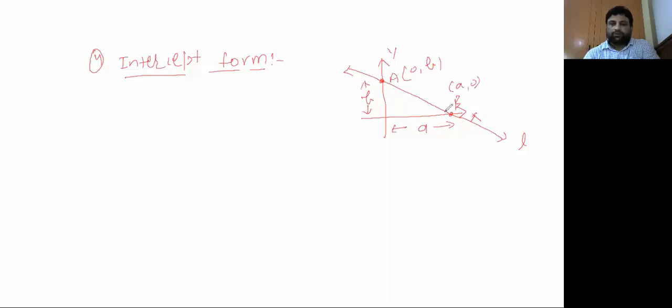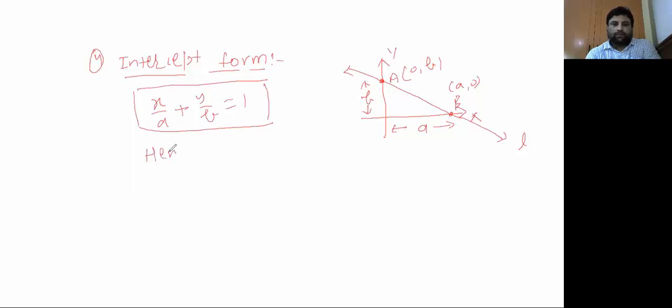(A, 0). Now here you can see this line is passing through 2 points, so we can apply the 2-point form and derive the formula. Directly I am writing the formula: x upon A plus y upon B is equal to 1. This is called the intercept form of a line.